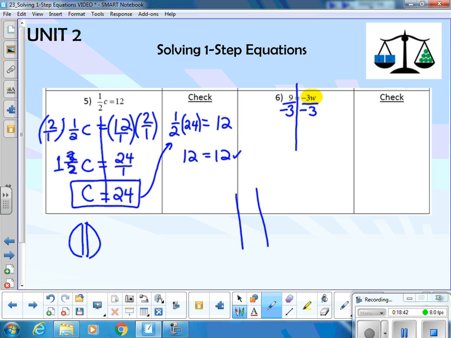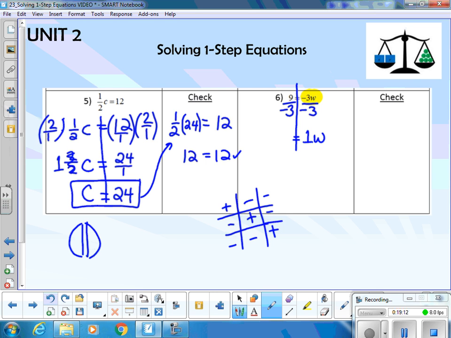And if you remember the tic-tac-toe board, or you can use Integer Bob, whatever you want to use, because this is where our integers are going to come into play. I have a negative divided by a negative on this side. That gives me a positive, because a negative divided by a negative is a positive. So a negative 3 divided by a negative 3 gives me a positive 1w.